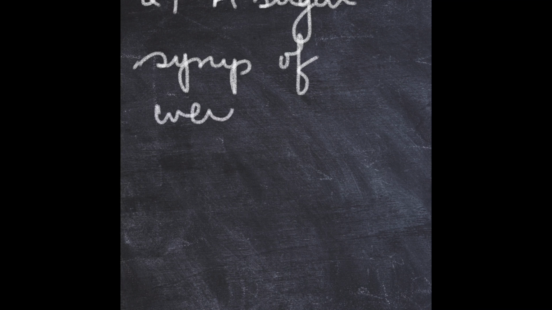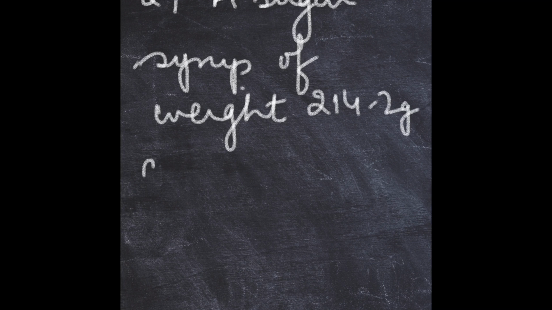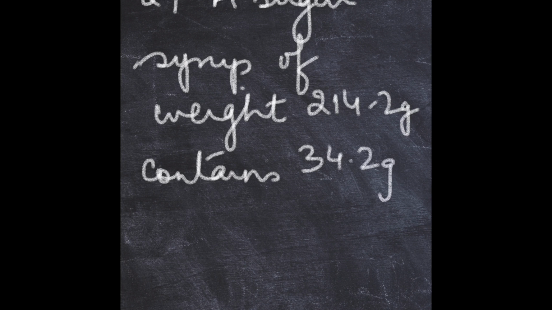Let's take an example. You have a question here. A sugar syrup of weight 214.2 grams contains 34.2 grams of sugar.